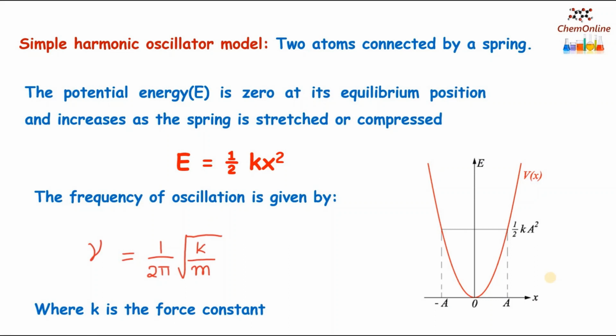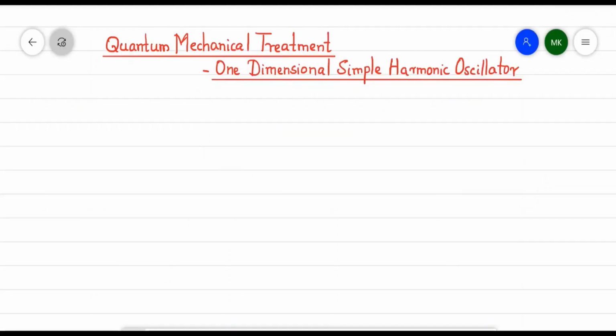Now let's see the quantum mechanical treatment of the one-dimensional harmonic oscillator. That is, how to solve the Schrodinger wave equation and how to find the eigenfunctions and eigenvalues. The Schrodinger equation for a one-dimensional simple harmonic oscillator is obtained as follows. We can write the Schrodinger equation as H cap psi equals E psi, where H cap is the total energy operator.